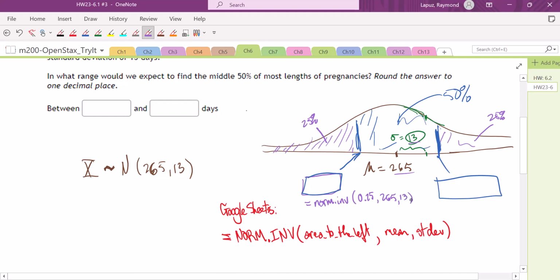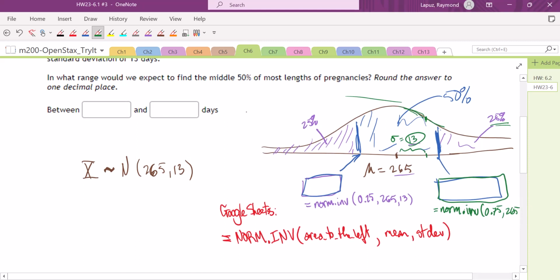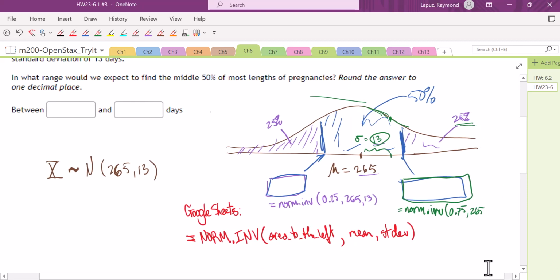Likewise, for the other value, it's norm.inv, and now we want the area to the left. The area on the right side is 25%, so the area on the left side would be 75%. So 0.75, then 265 and 13.